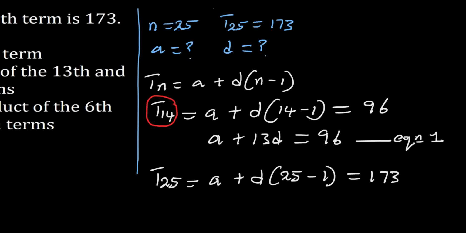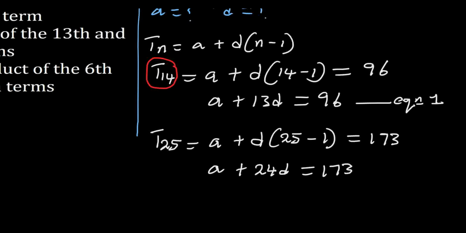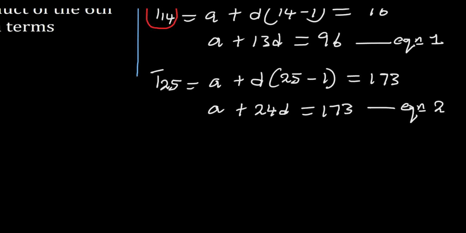So this would be a plus 25 minus 1 is 24, 24d is equal to 173. And we can call this equation 2.